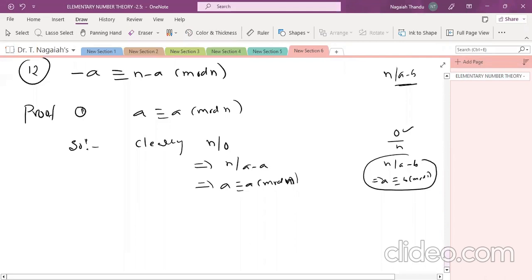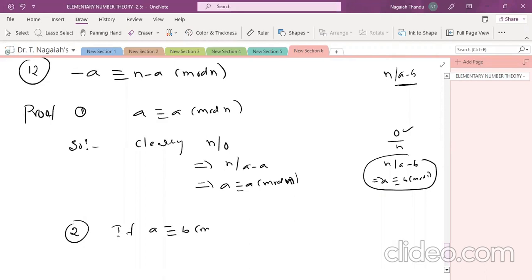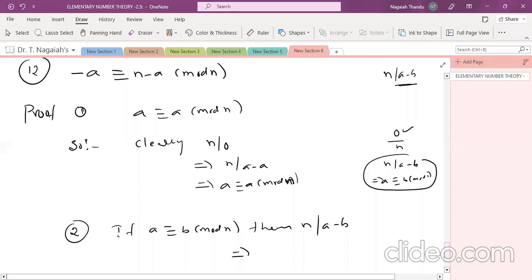Next one is the symmetric property. If A is congruent to B modulo n, then n divides A minus B. This means there exists an integer k such that A minus B is equal to nk.